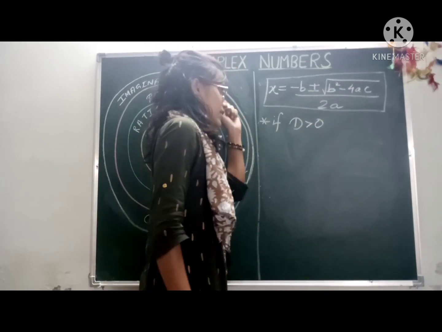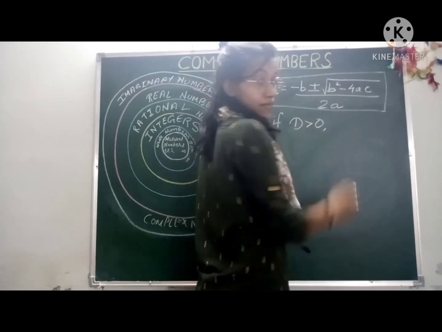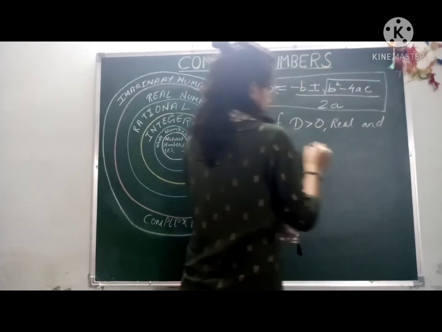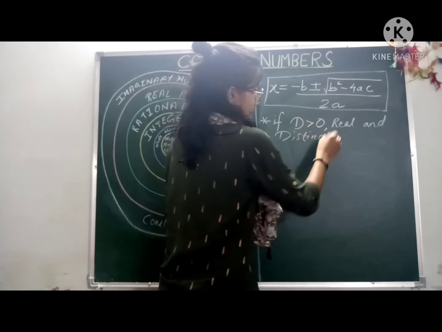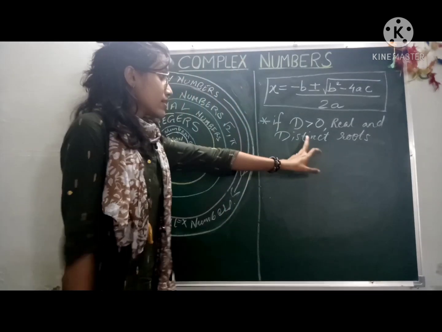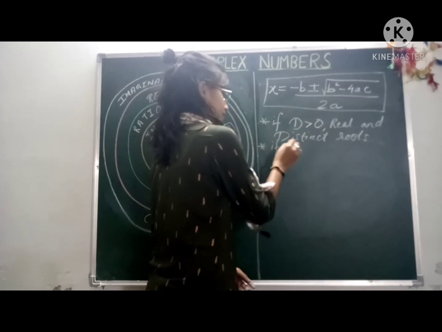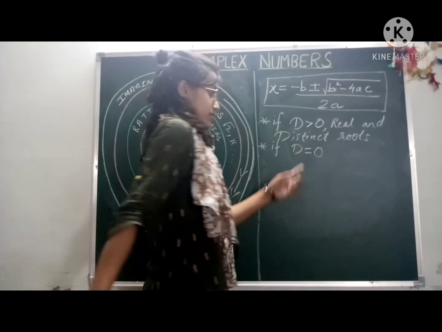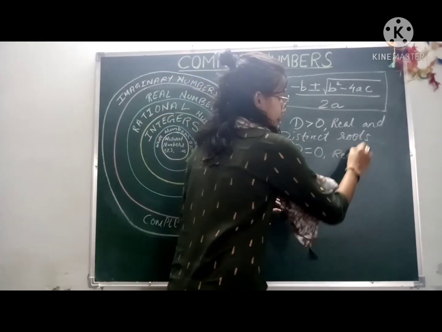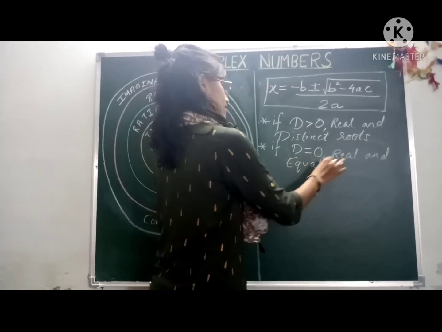If d is greater than 0, we get real and distinct roots of the equation. If d equals 0, we get real and equal roots of the equation.